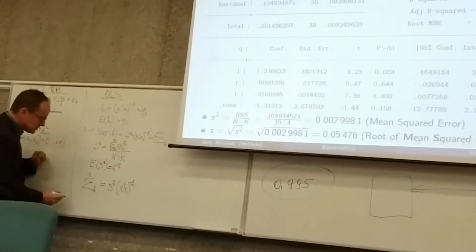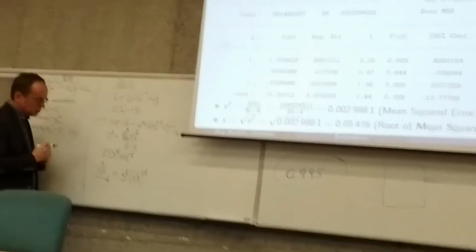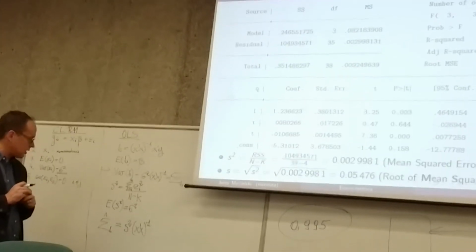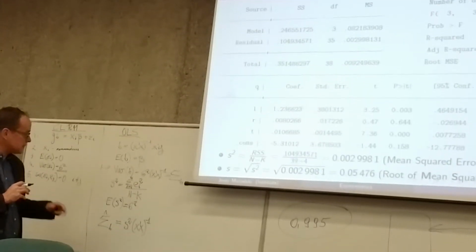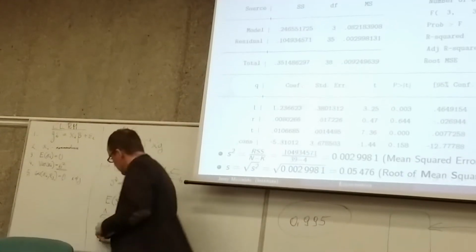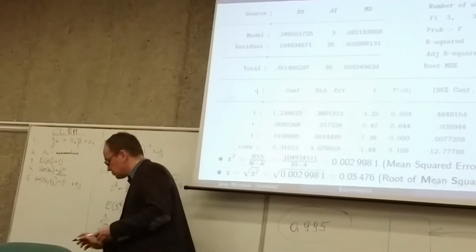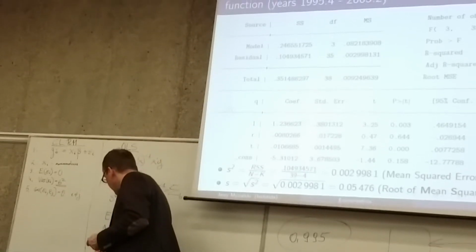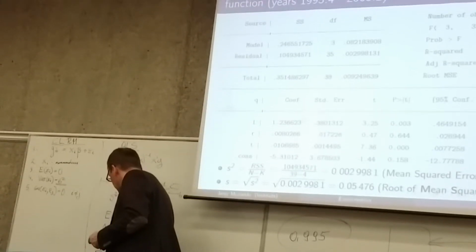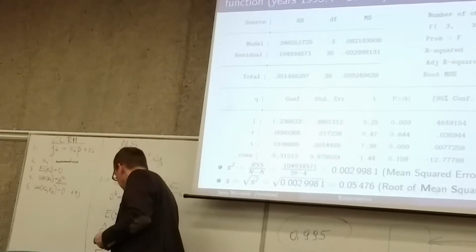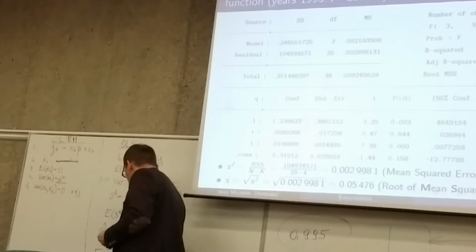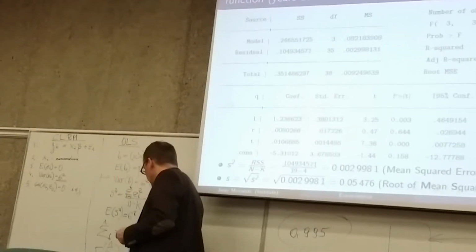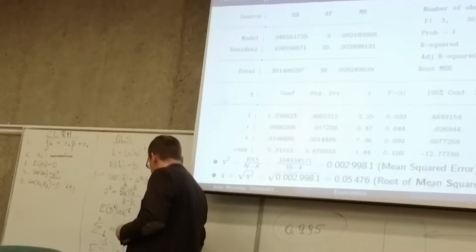Notice that this estimator, the one I gave the formula for, is an unbiased estimator of the variance-covariance matrix. Indeed, the expected value of sigma hat b is equal to the expected value of s squared x prime x inverted.